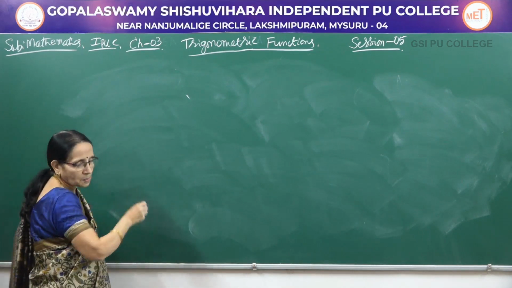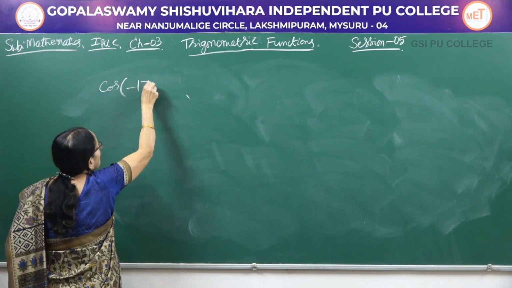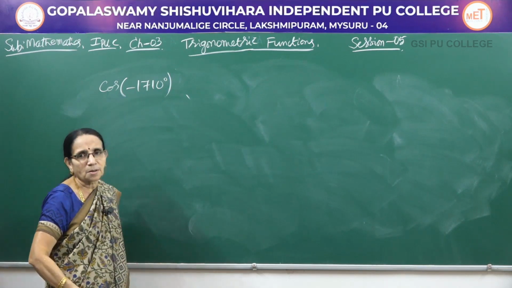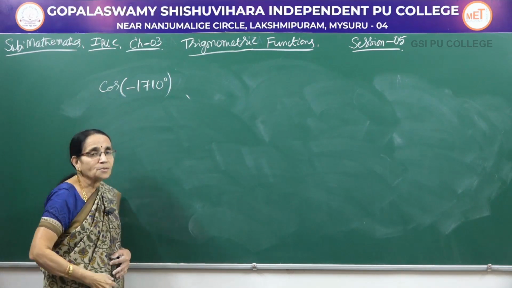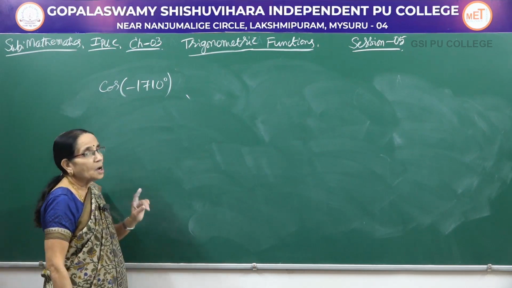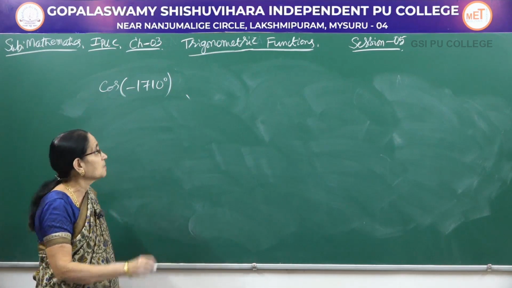Now next problem, cos of, again I am considering, 1710 degrees, cos of minus 1710 degrees. Now I am using the fact about the trigonometric ratios of the negative angle.